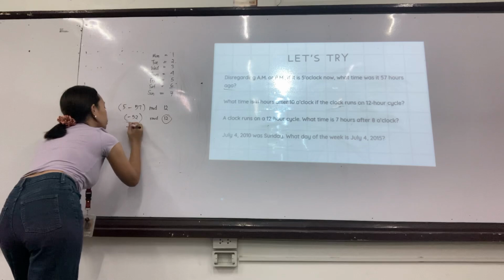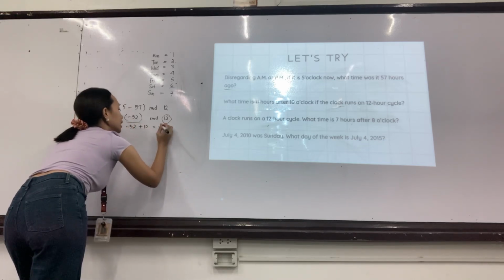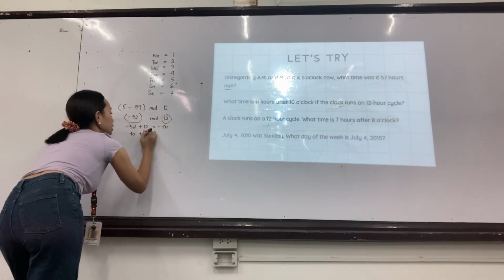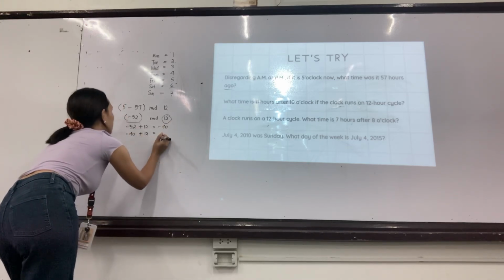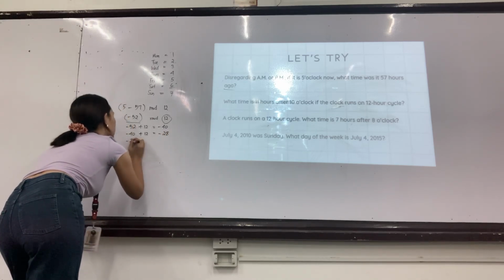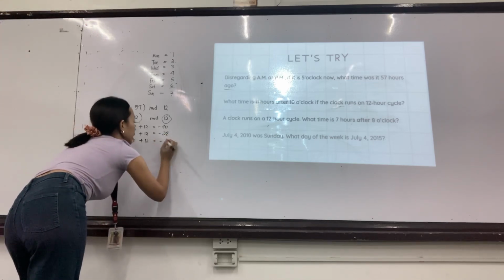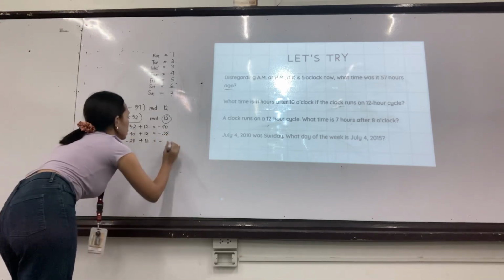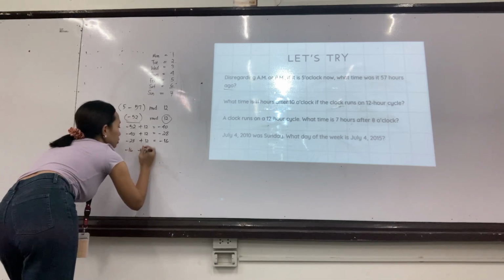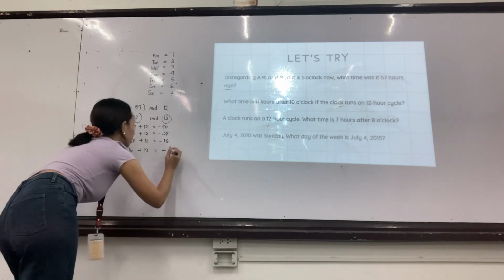Okay? So negative 52 plus 12 is negative 40, and then negative 40 plus 12 is negative 28, and then negative 28 plus 12 is negative 16, right? And then negative 16 plus 12 is negative 4.